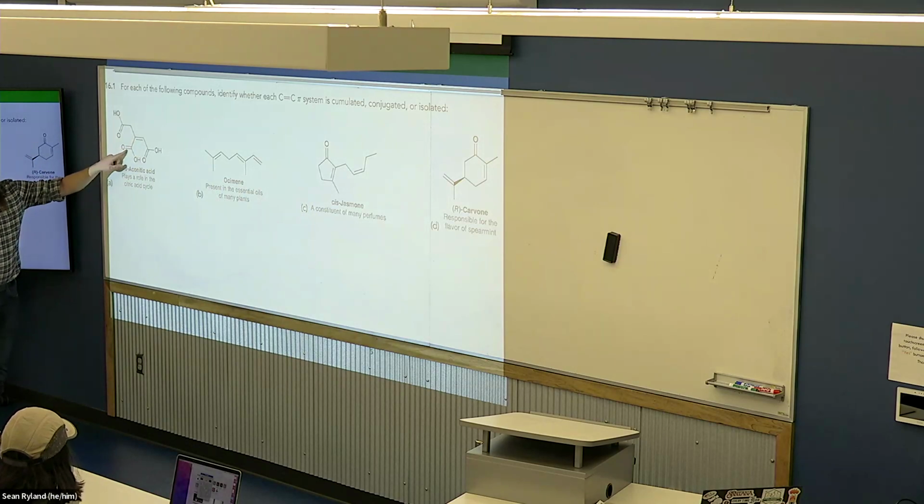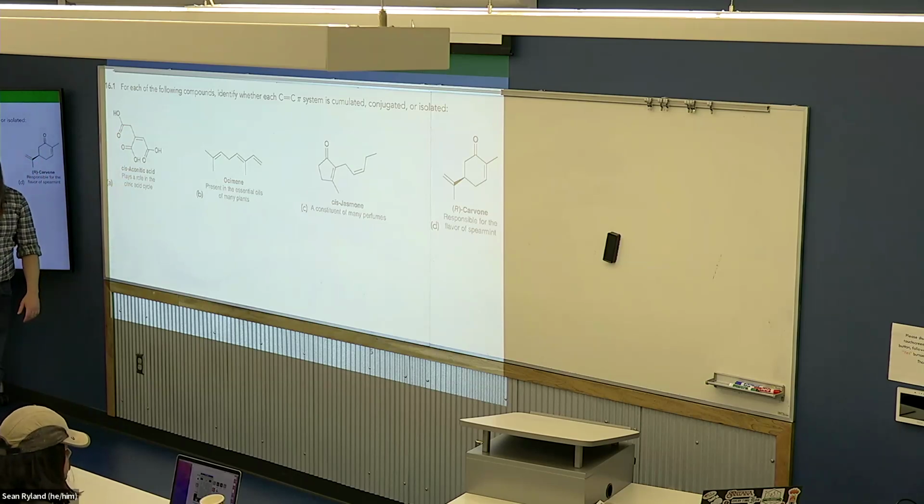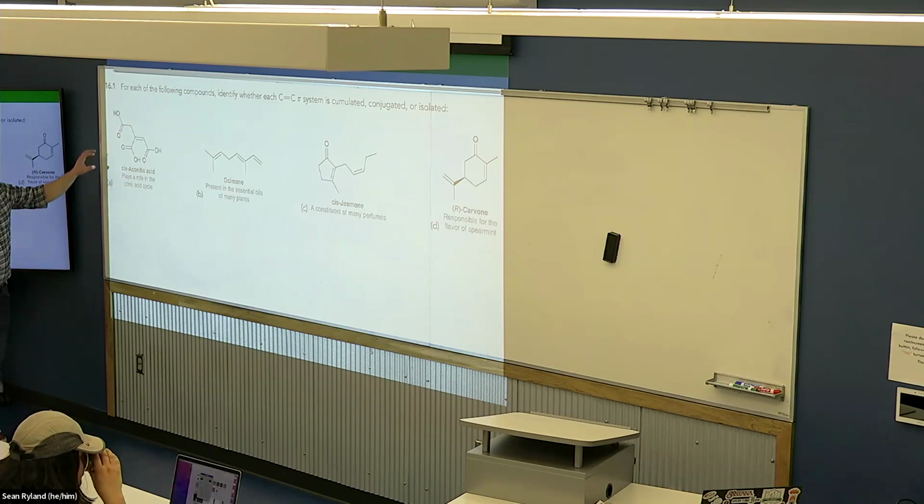Conjugated. It's just conjugated with carbonyls, not conjugated with another alkene. Incidentally, this is what we ran into last week. It wasn't this molecule exactly, right? But we ran into an alkene that was conjugated, and that caused a problem with our reaction, right? Because that conjugation gives us extra stability.